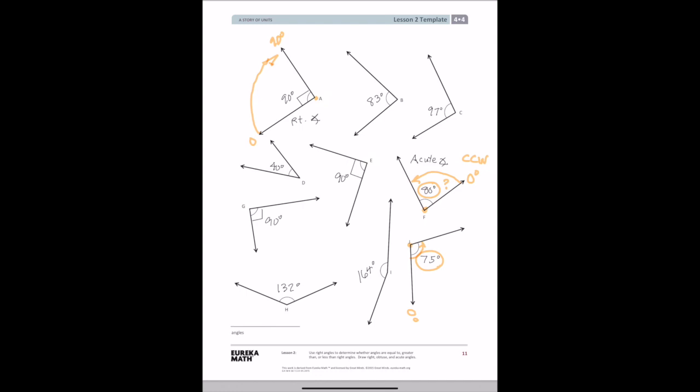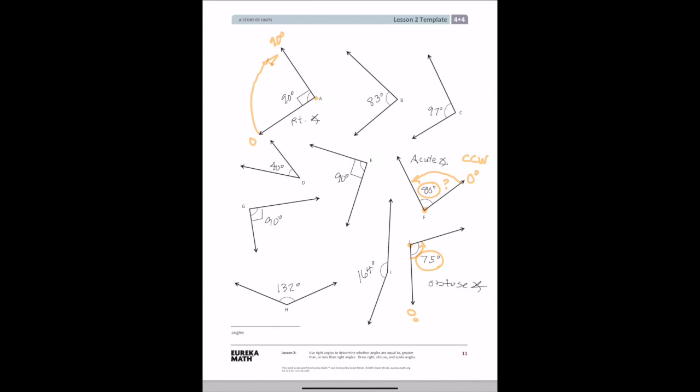And then with J, we know it's greater than 90 degrees, so it's an obtuse angle. All right? So again, measuring with your protractor, you have to decide, depending on how you turn the page or the paper, whatever's convenient to you, which way to measure, clockwise or counterclockwise, to know what the actual angle or degree is.